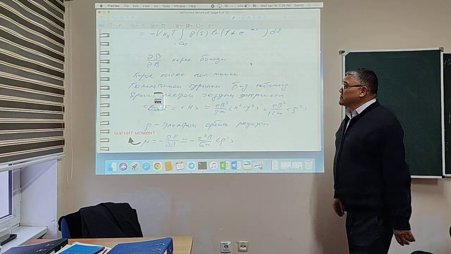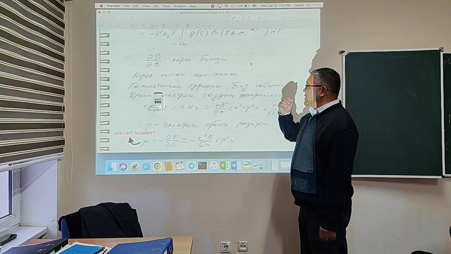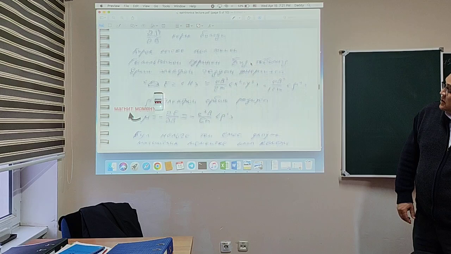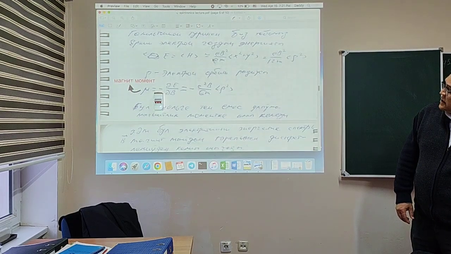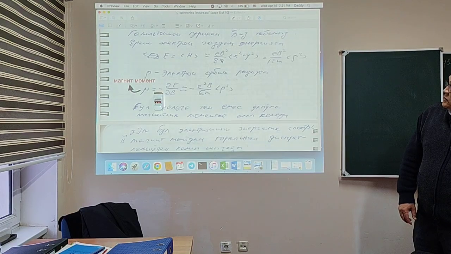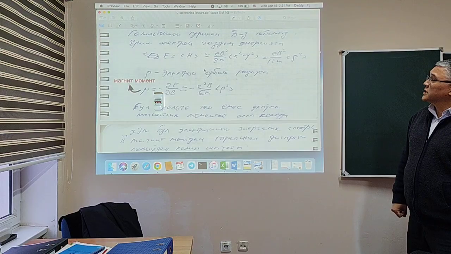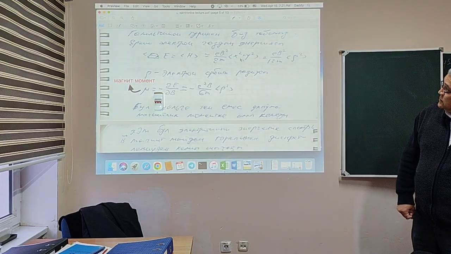But this gives us more writing here, and instead of it, we can write down this line here, which according to this energy is equal to just the average of the Hamiltonian, and the average of the Hamiltonian is just the last third term in the Hamiltonian, which is equal to this.